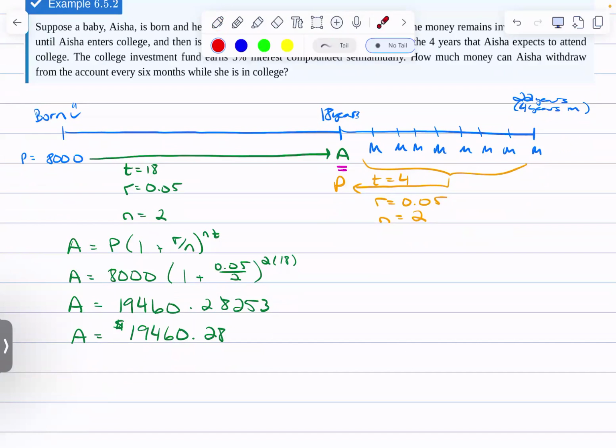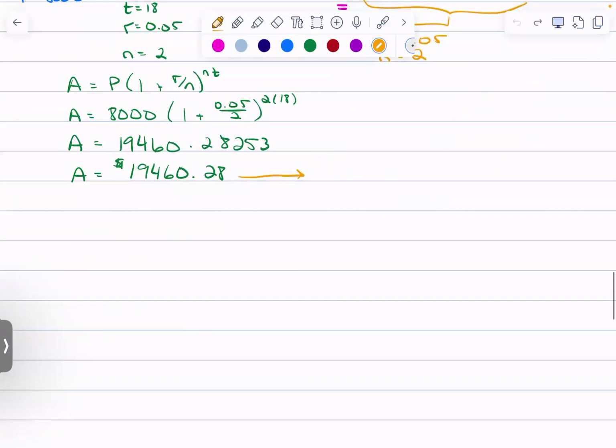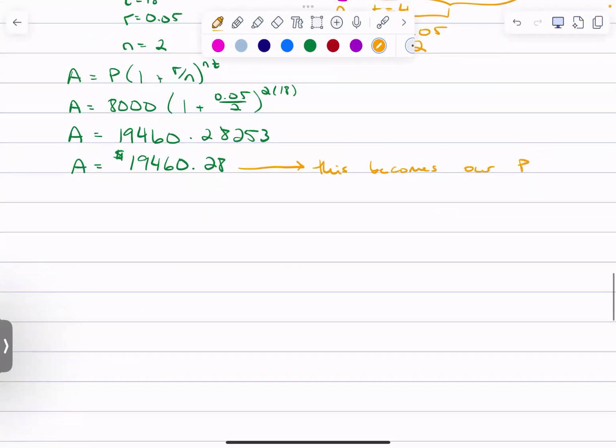So now I know that my P has to be $19,460.28. Right? Otherwise, it's not going to work. Or maybe I should say this becomes our P. Right?